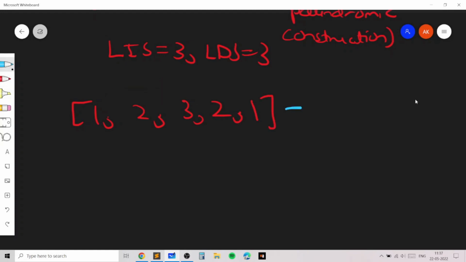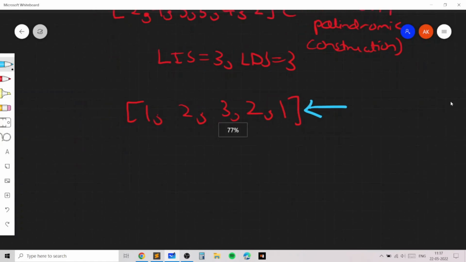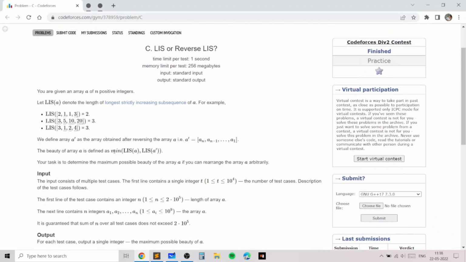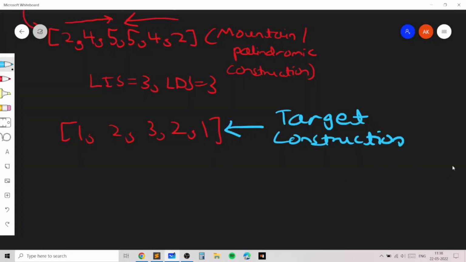So this is the target construction which we are going to try and make, and intuitively it should be clear why this construction will prove to be the best, and maximize this function. The reason should be clear: it will increase the longest increasing subsequences in both ways, and that's why we should try to make it as palindromic as possible.